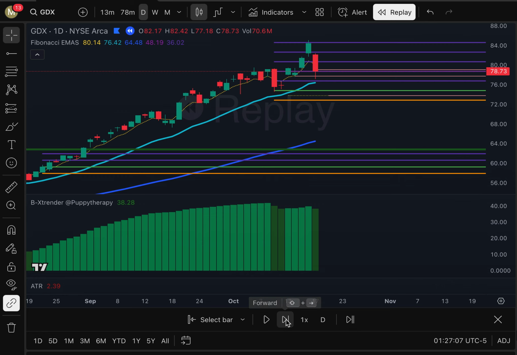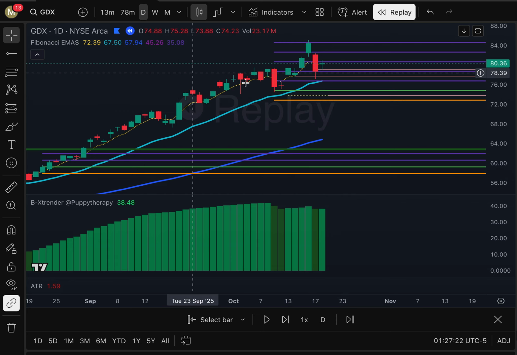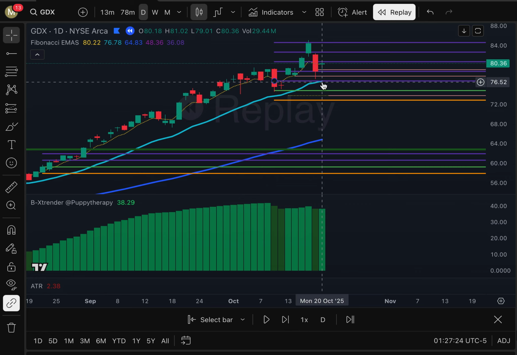Then the next day, it recovers a little. The BX turns back to bright green. I'm holding 5 shares, and my plan is to hold them. I want to hold it as long as this rides above the 21 EMA.